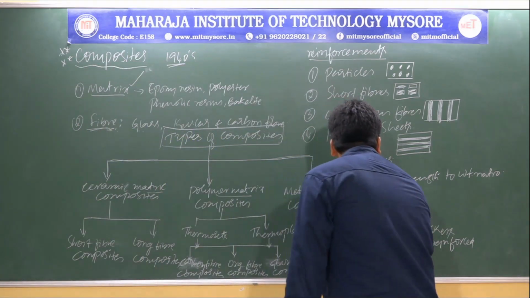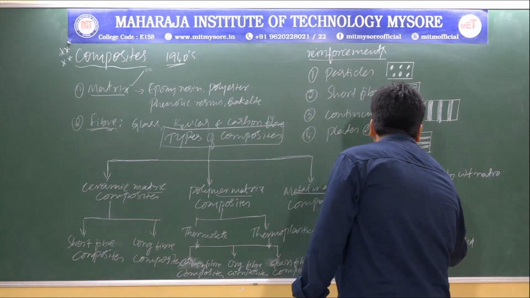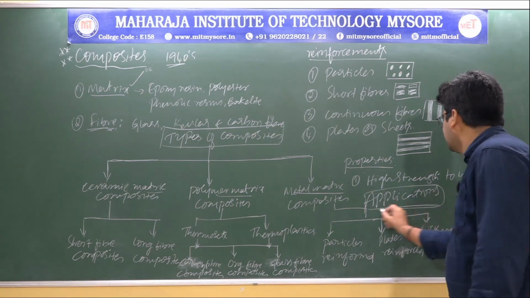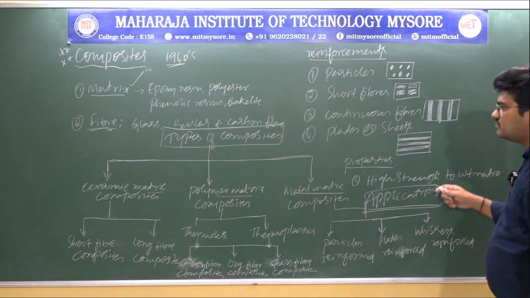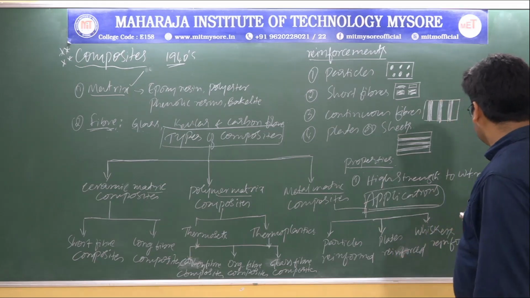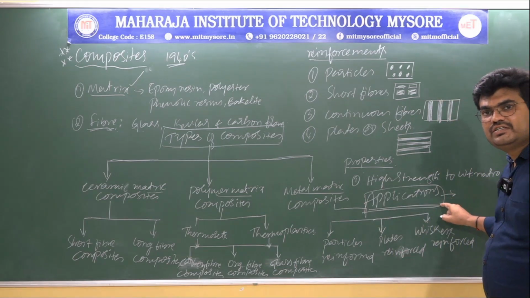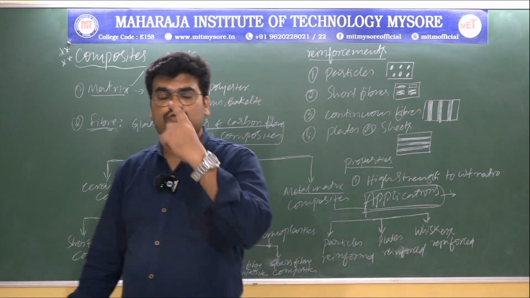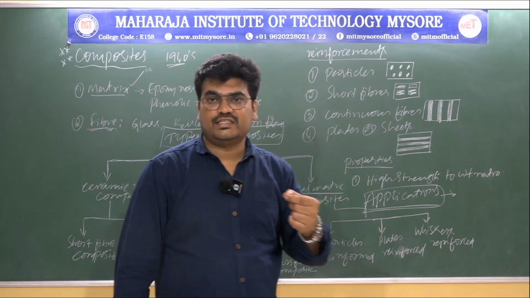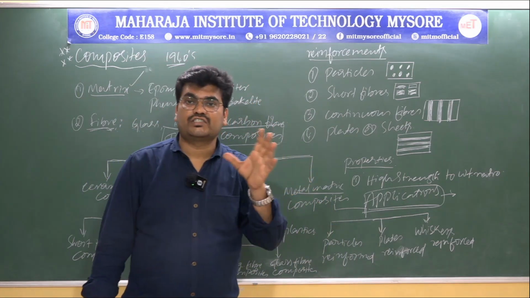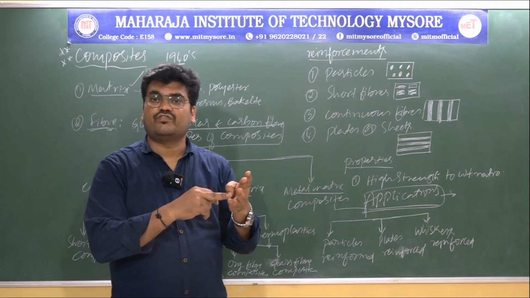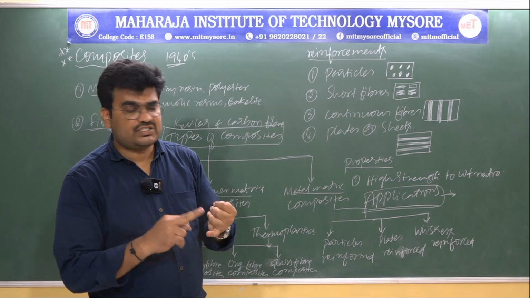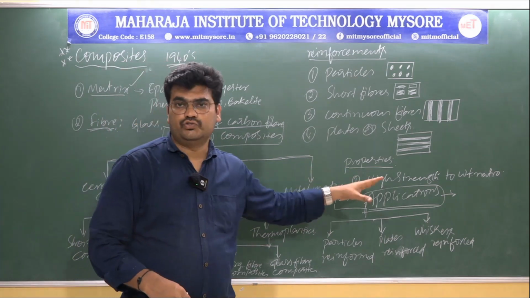Coming to the general applications, if you list out the applications of these composite materials, they can be used in so many advanced fields, such as infrastructure applications, for the construction of buildings, bridges, roads, highways and flyovers.